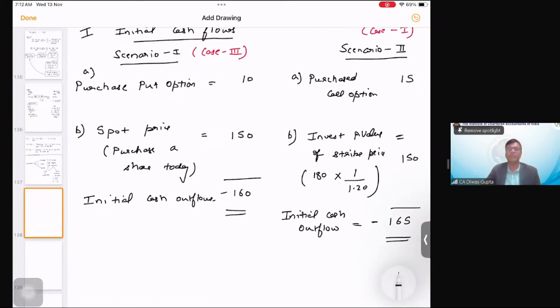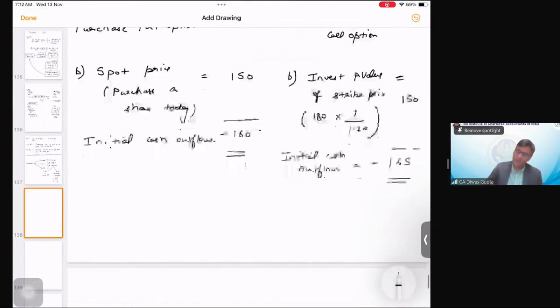Now these two different portfolios have been made as on today, right? The first portfolio is made by investing 160 rupees. The second portfolio is made by investing 165 rupees. I hope all of you are clear till now.